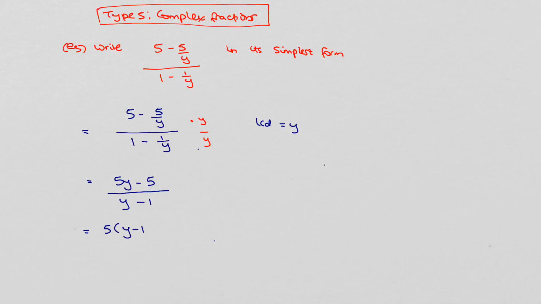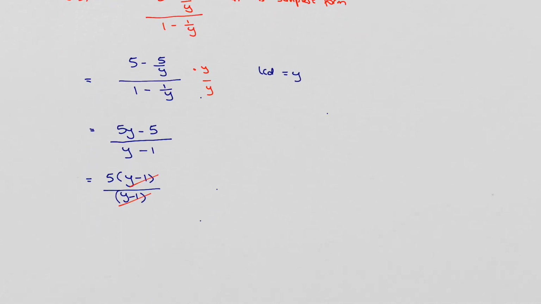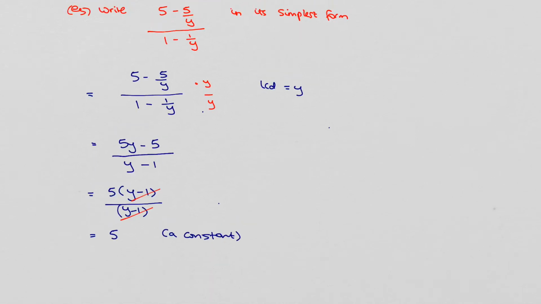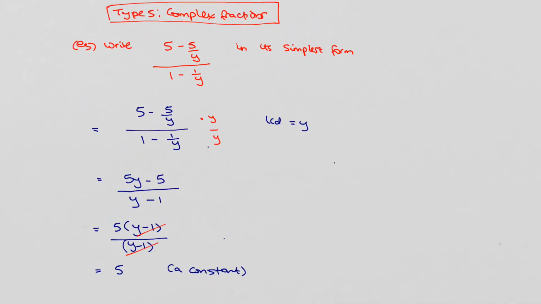If I take out 5 as a common factor, we're left with y − 1 over y − 1. And this is a really nice question because y − 1 divides into y − 1, leaving us with 5, a constant. So sometimes in these questions in the Leaving Cert, it would have started with: write (5 − 5/y) over (1 − 1/y) in its simplest form.